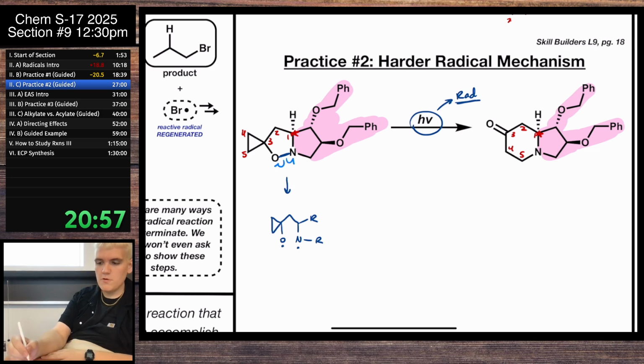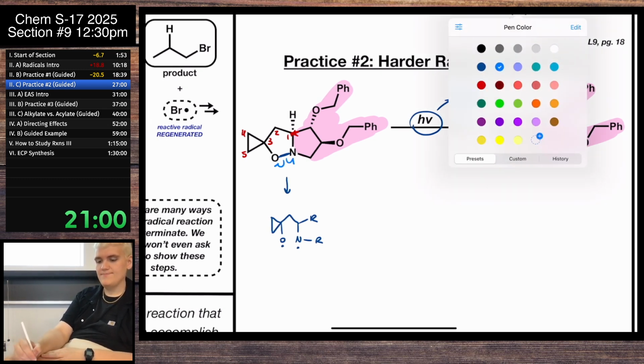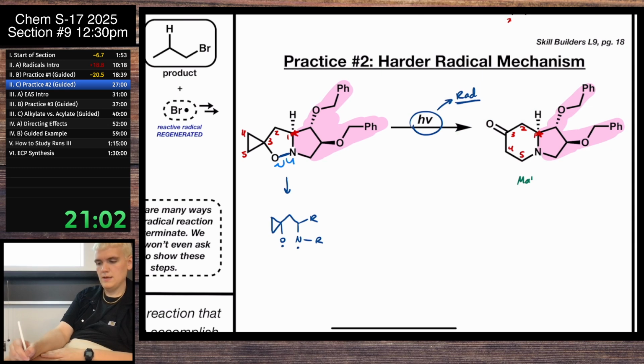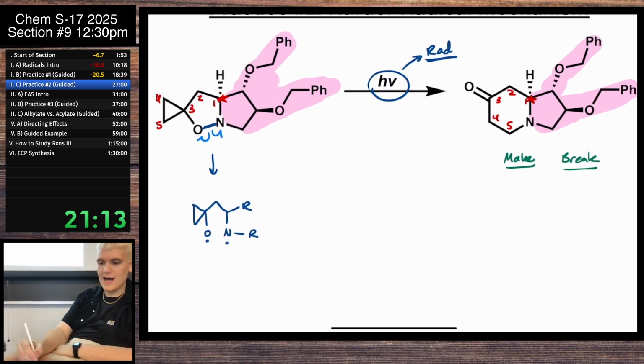Okay, so we're ready to do our make and break list. So this is on y'all. What are we doing? Yeah, so we need to make a pi between carbon 3 and oxygen. What else?